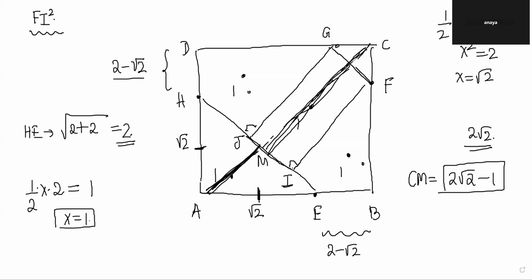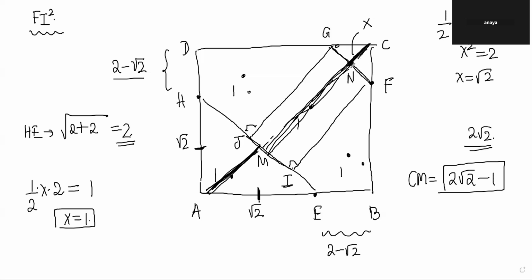We join this and we call this point N. This makes us a rectangle, and this N will be midpoint of FG also, right? So I want to find out this X, which is NC, okay?